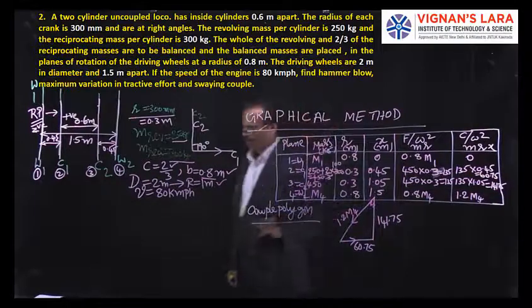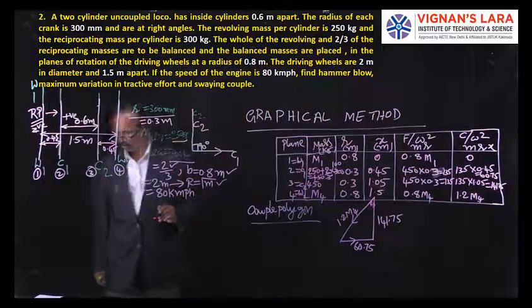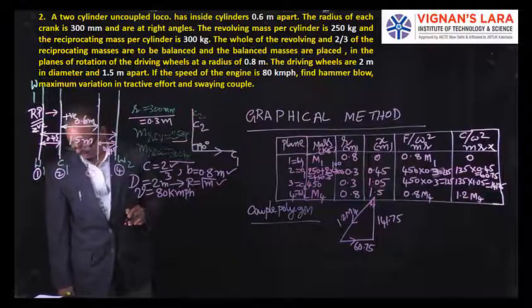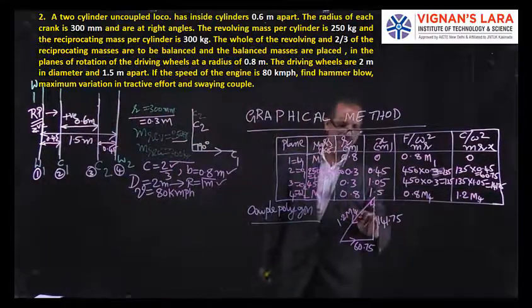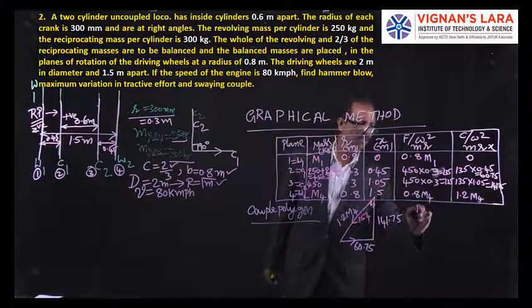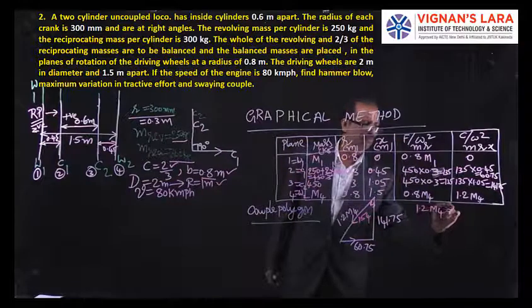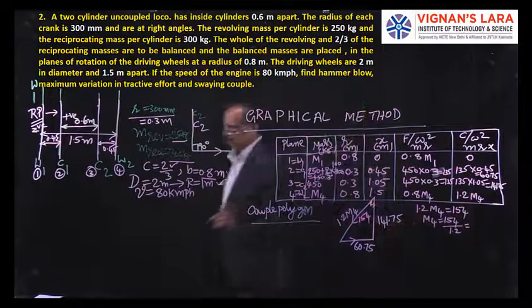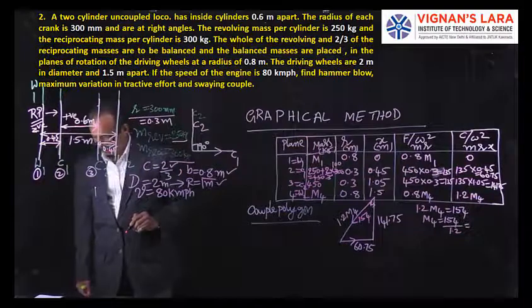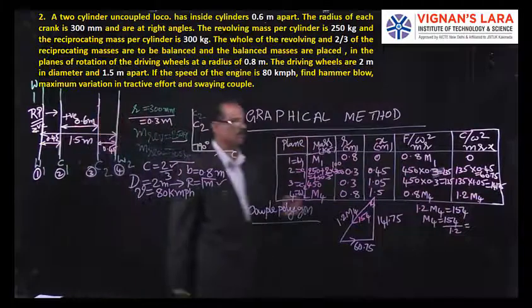The value you get for 1.2 M4 is 154 by graphical. So 1.2 M4 is equal to 154. Then M4 is equal to 154 by 1.2. It gives 128.5 kg.